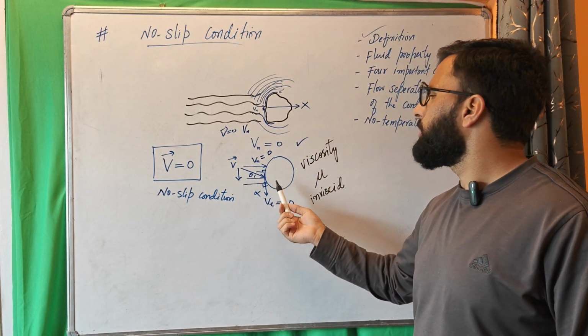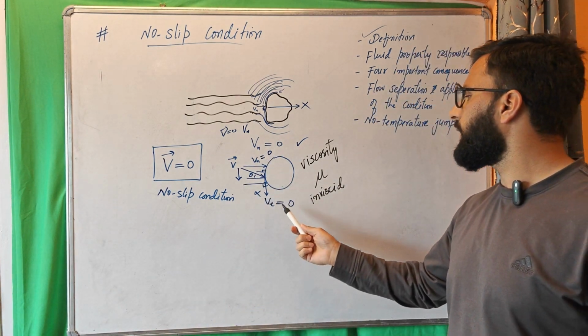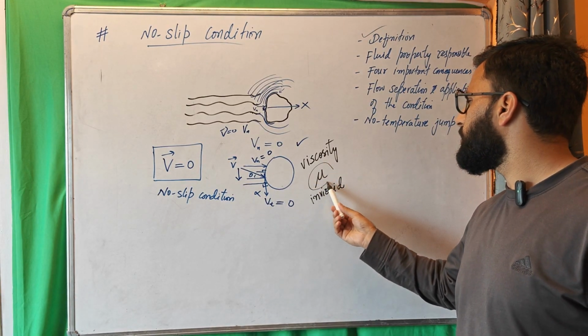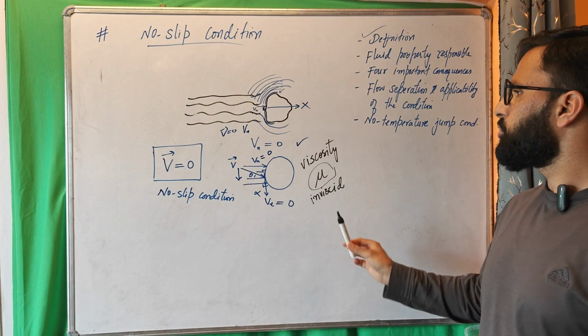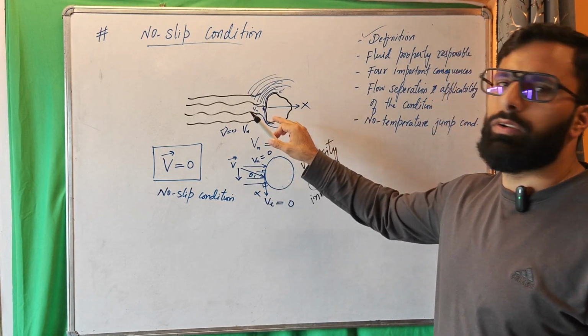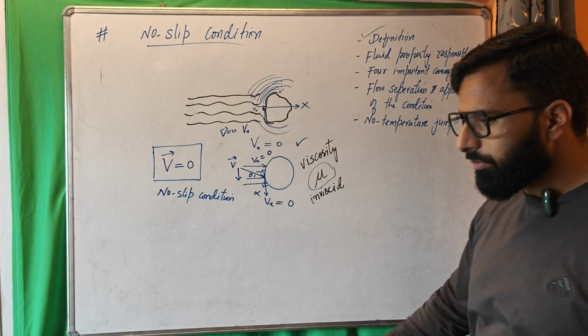Suppose it is impermeable, it will still not have a normal component, but it will definitely have a tangential component if it has 0 viscosity. So the fluid property responsible for this complete stop of the fluid layer in contact with the solid surface is the viscosity of the fluid.